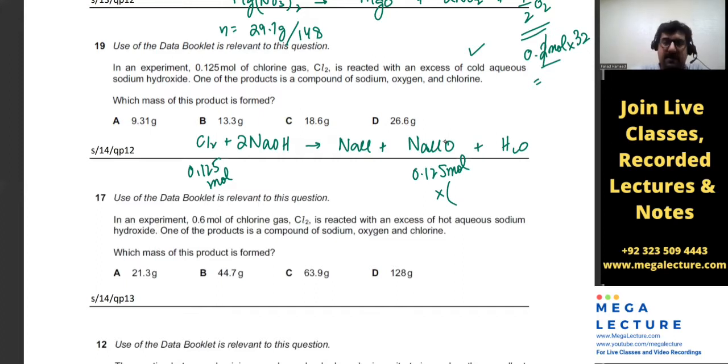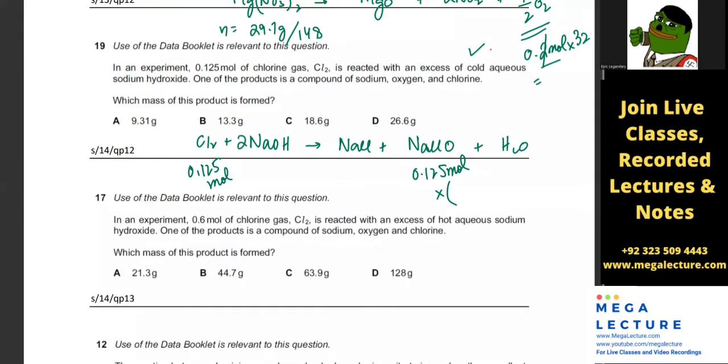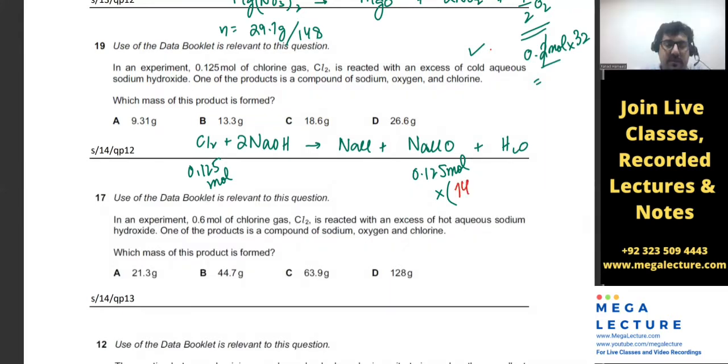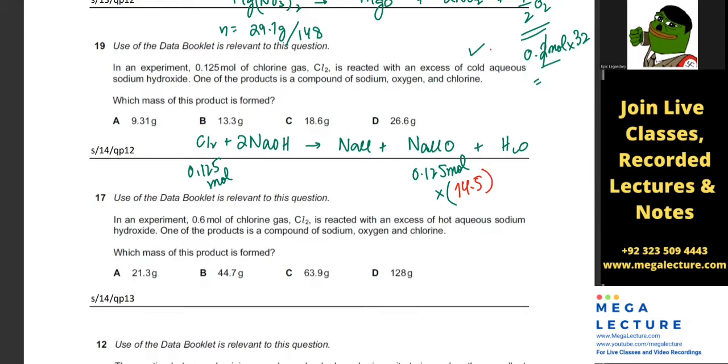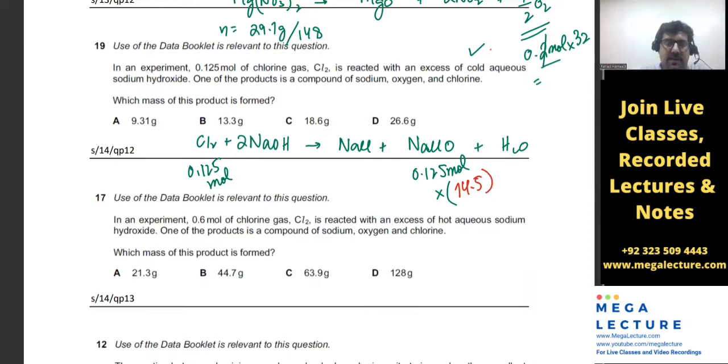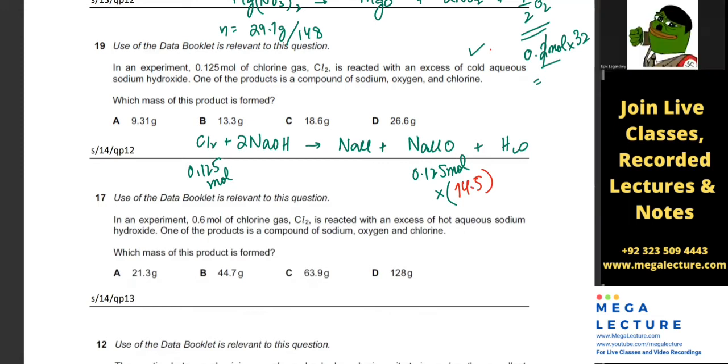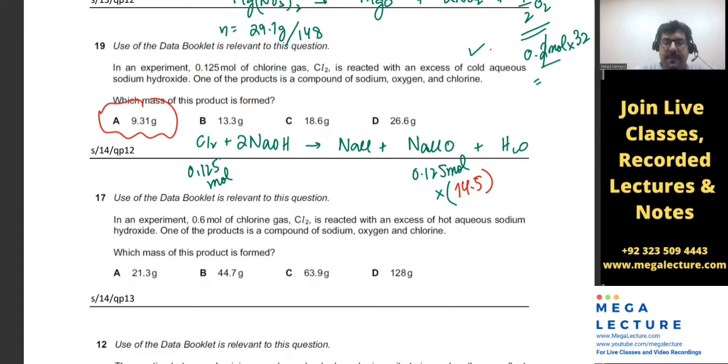What's the MR for this? 74.5. It's 23 plus 35.5 plus 16. So what's the answer for this? 9.3125. So it's going to be A.